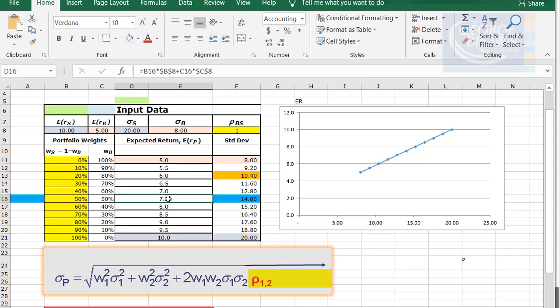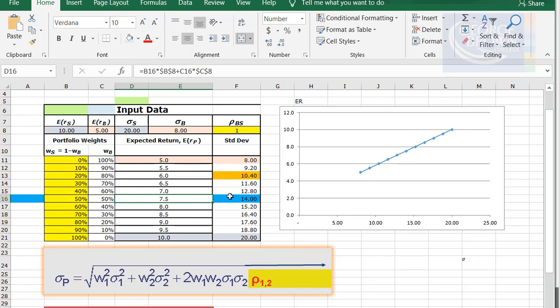So let's just start at the 50-50 portfolio because that's easy to understand, and you can see that the expected return is simply the weighted average. And you can do that math in your head. That would be half of 10% is 5, plus half of 5% is 2.5. Expected return is 7.5%, okay?